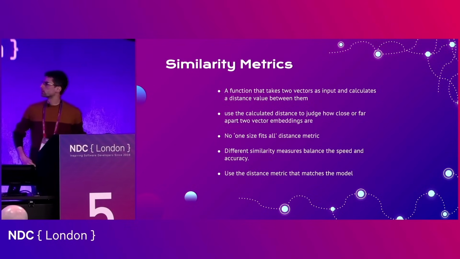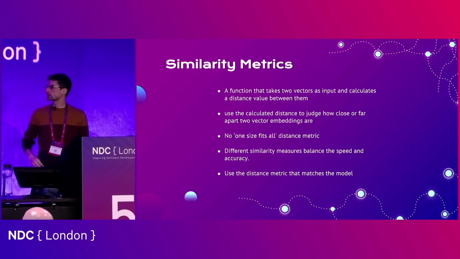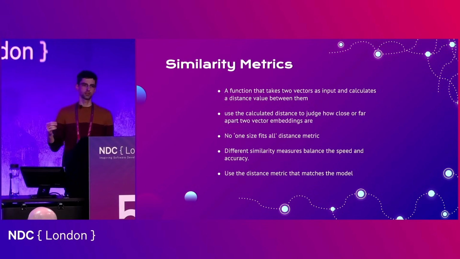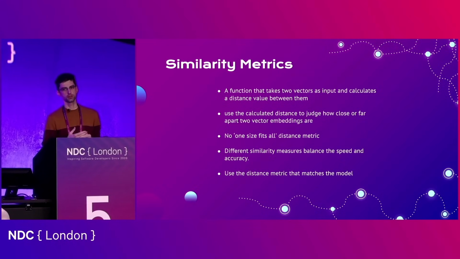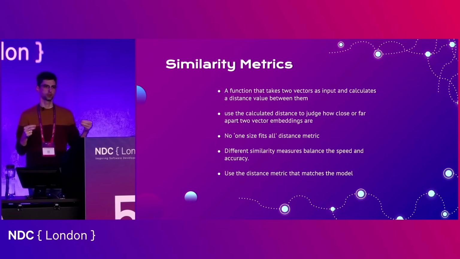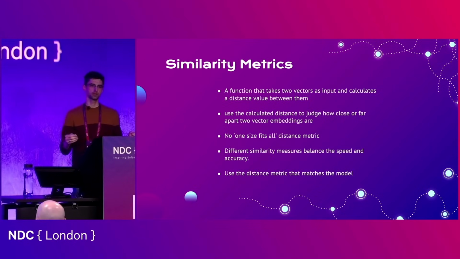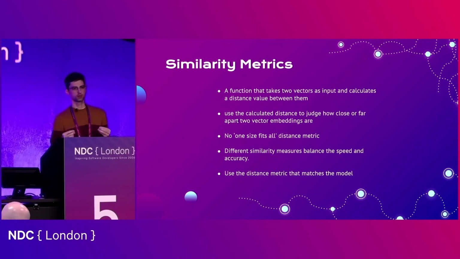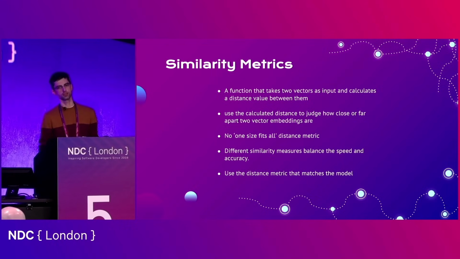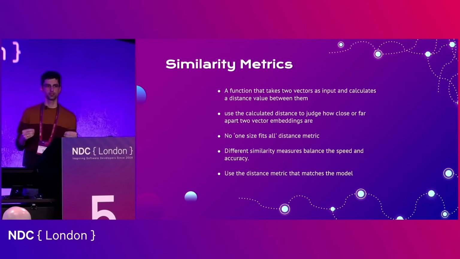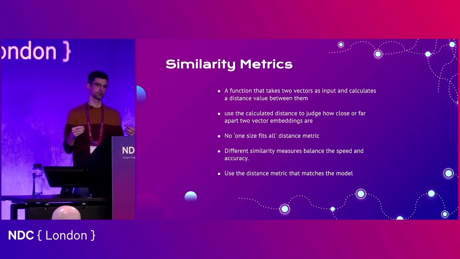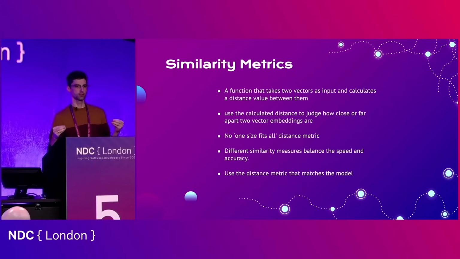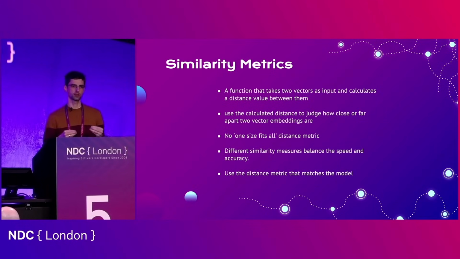The next component, as I said, is the similarity metric. A similarity metric is basically a function that takes two vector embeddings and gives us the distance between these two vectors. If the distance is low, it means that these two vector embeddings are close to each other, so the data from which they were generated is also semantically similar.